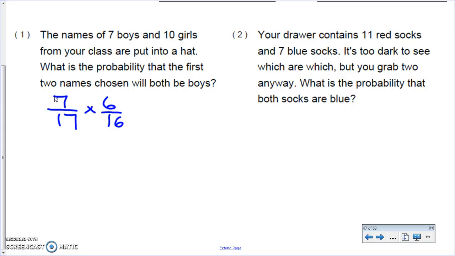So now we can simplify 6/16 to make this easier to work with, especially as we get to the end of the problem, so our numbers aren't as big. We can divide both of those by 2, so we're going to get 3/8. We're going to have 7/17 times 3/8.